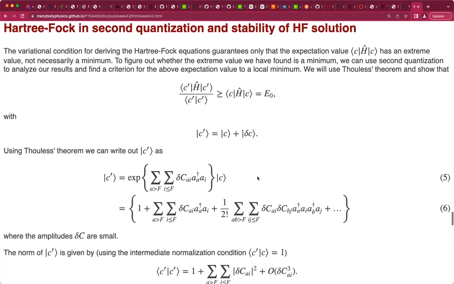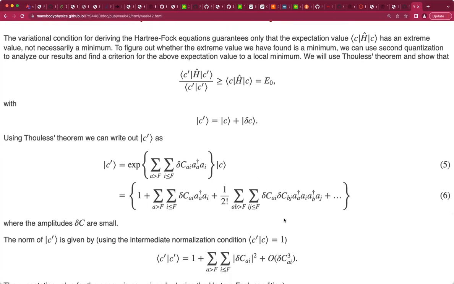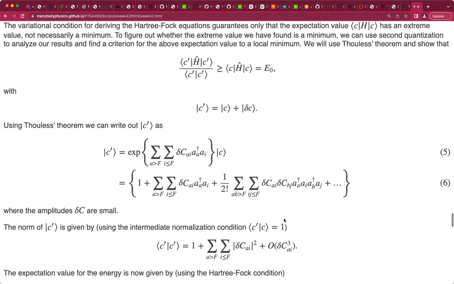And then what we did was simply to expand this exponential in terms of the different coefficients of the particle hole excitations. And since we wanted to perform the calculations to second order in the unknown coefficients, we would truncate this series at this level here. That's what we did yesterday.